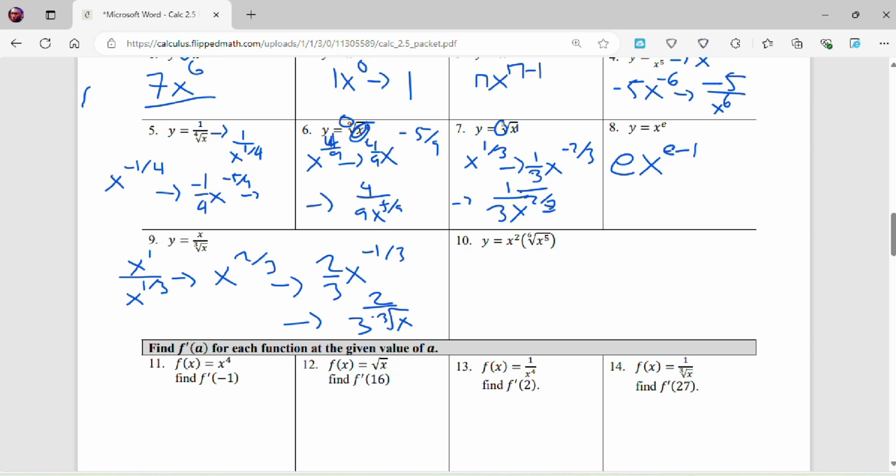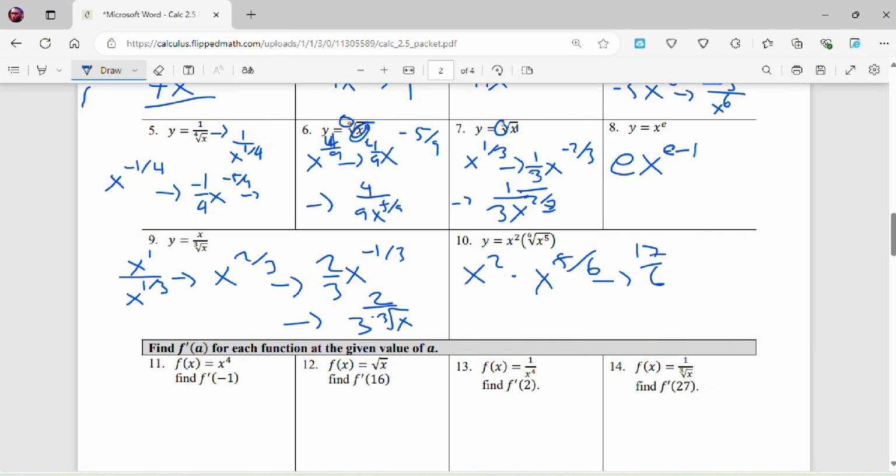So x squared, and then we want to rewrite that radical into an exponent. So remember, 5 is on the inside, so that is going to be our numerator. 6 on the outside is our denominator. 2 plus 5 over 6, we can make 2 into 12 over 6. 12 plus 5 over 6 is going to be 17 over 6.